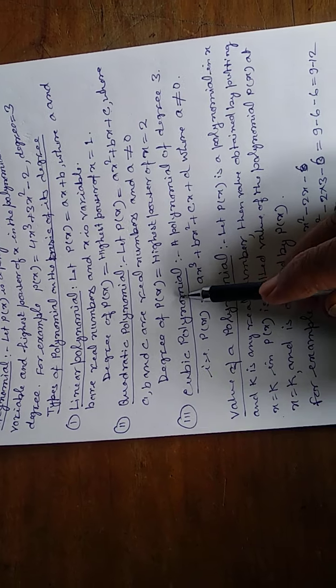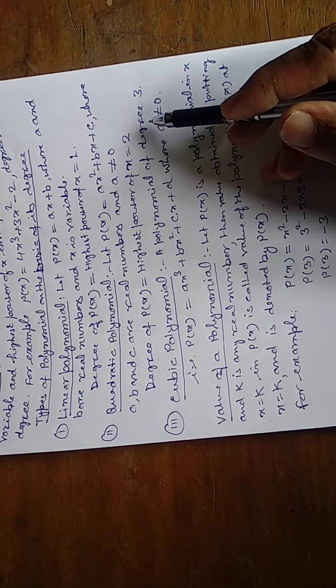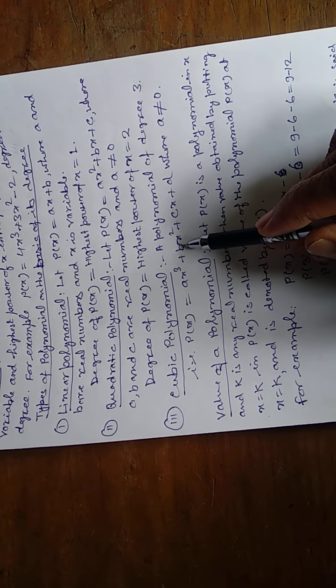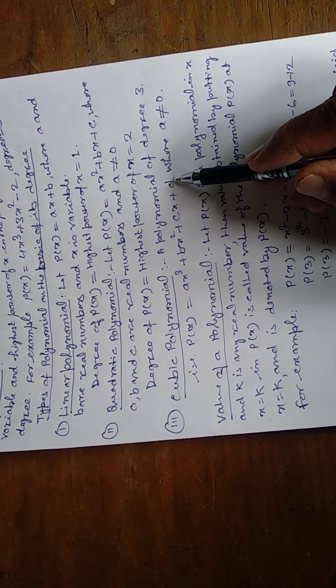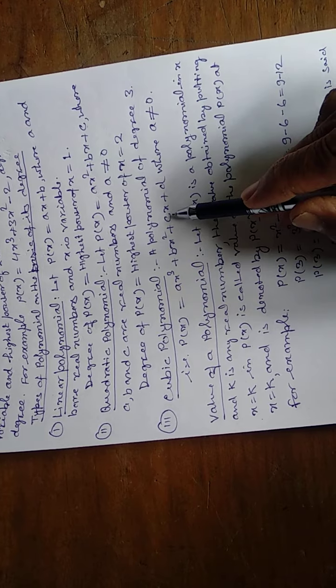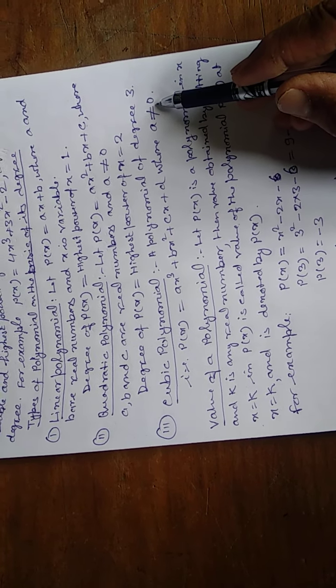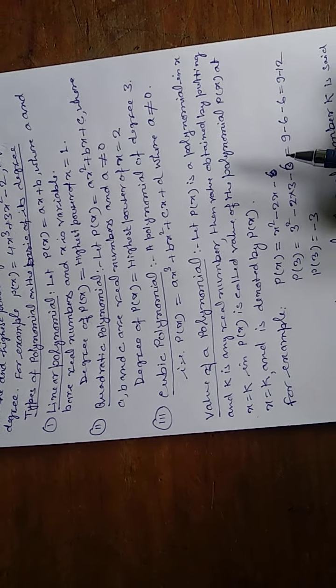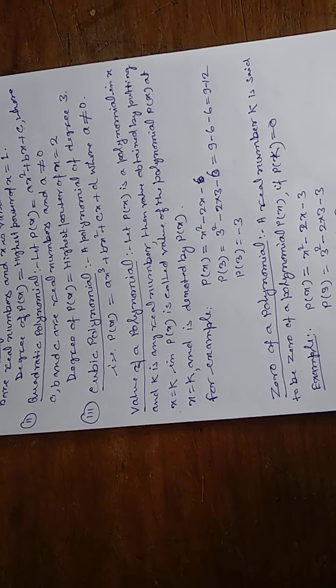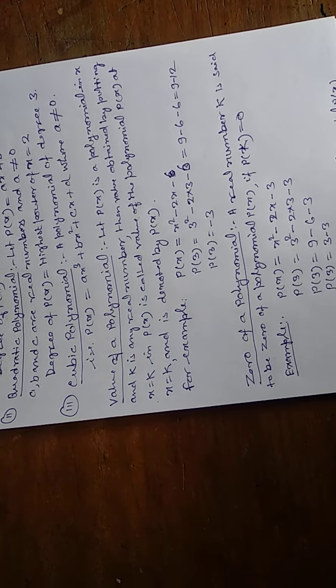Now cubic polynomial, a polynomial of degree 3 is called cubic. For example, P(x) equal to ax cubed plus bx square plus cx plus d, where a, b, c and d are real numbers and this a is not equal to 0. Now, in class 9, you have seen the constant polynomial.